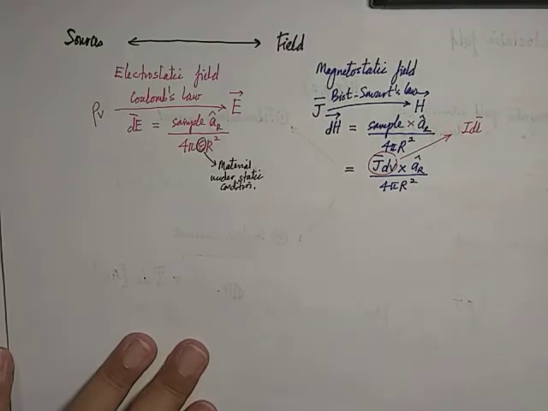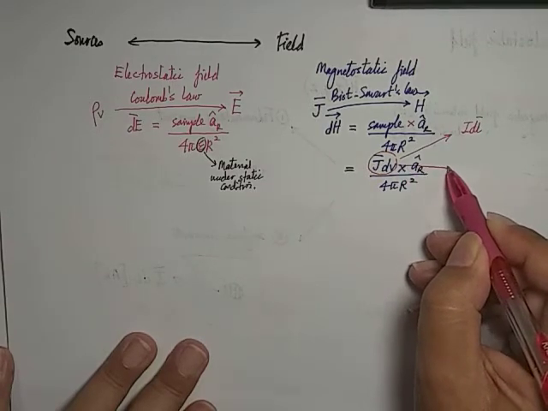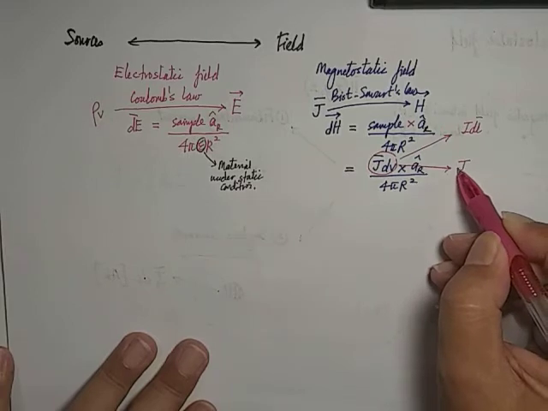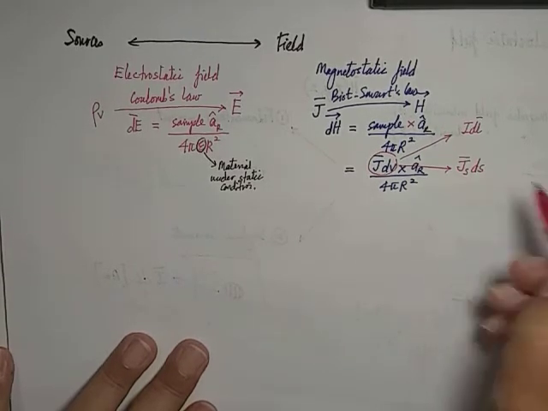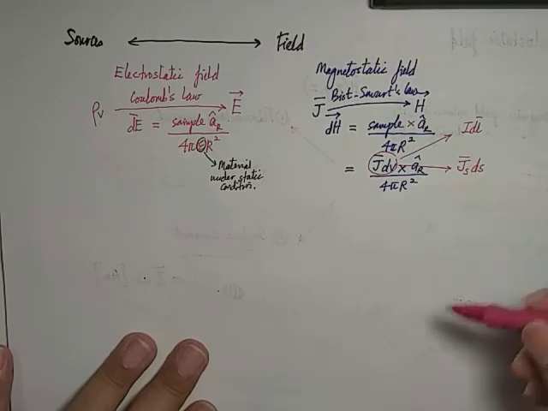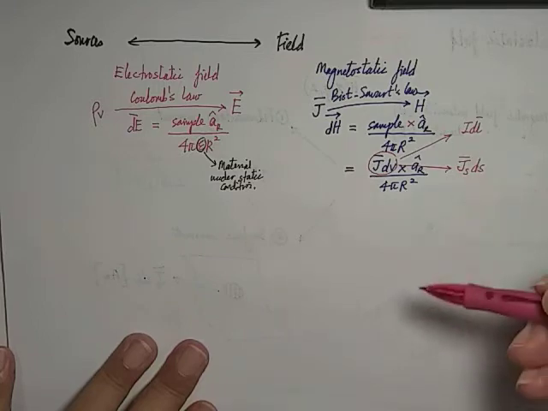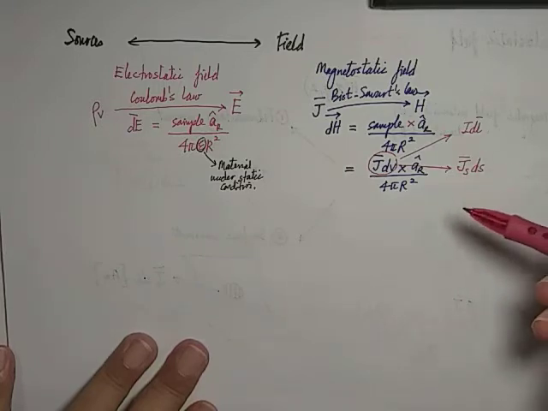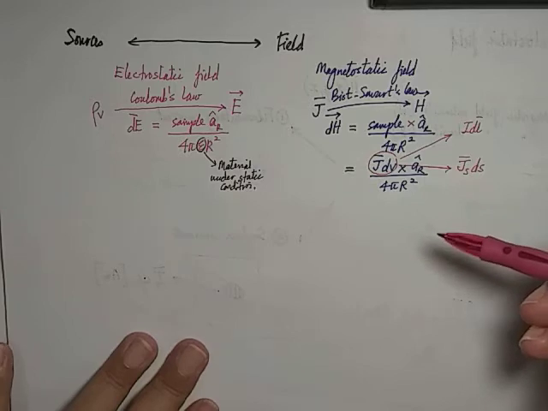And if the problem is based on surface current, you just need to change this term to Js vector dS. Apart from that, the process of solving the mathematics is going to be the same for all three different models of source of magnetostatics.